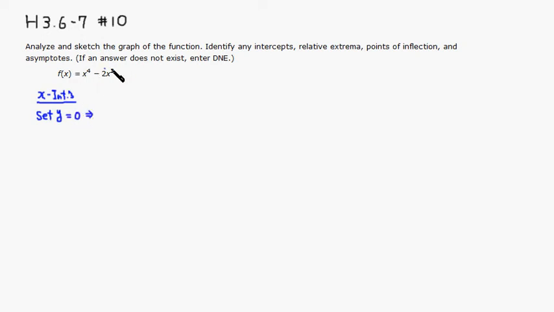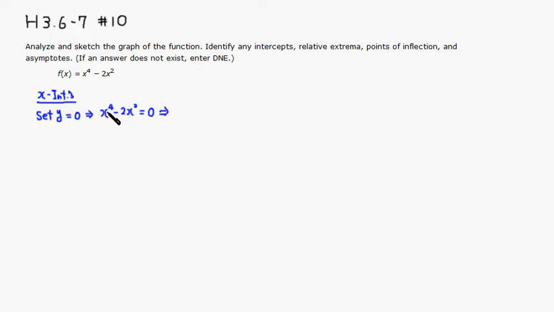So we basically set this whole thing equal to 0. So you have x to the fourth minus 2x squared equal to 0. Then we're going to factor things out.